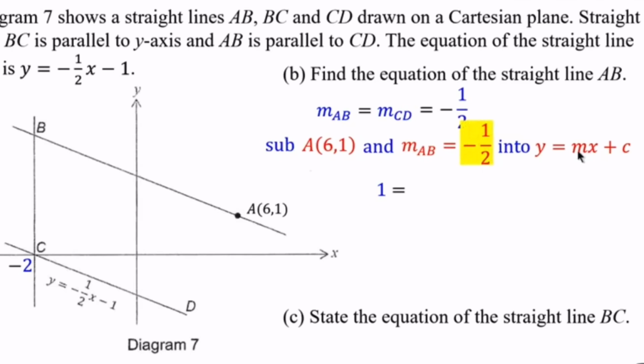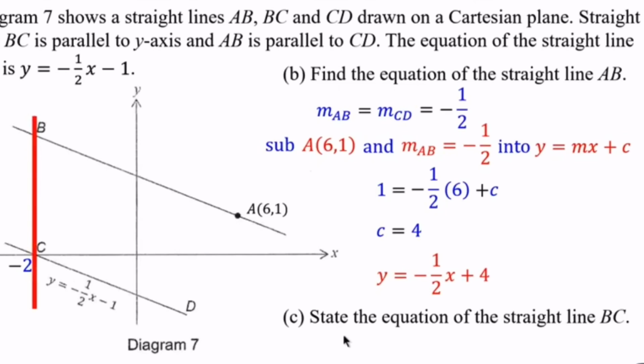I substitute y equal to 1, x equal to 6, and use the gradient from the line CD, -half, in y equal to mx plus c. You solve, you will have c equal to 4, and then you rewrite your equation again. So y equal to -half x plus 4.